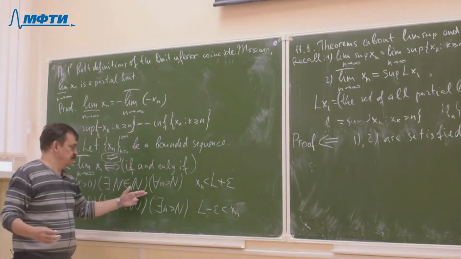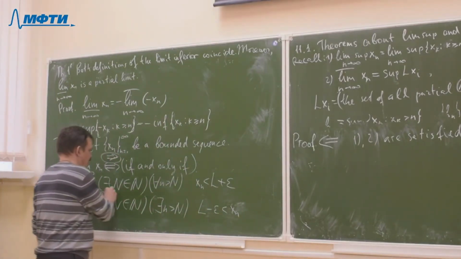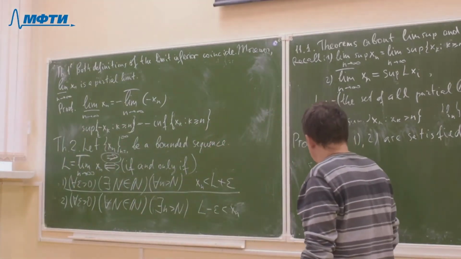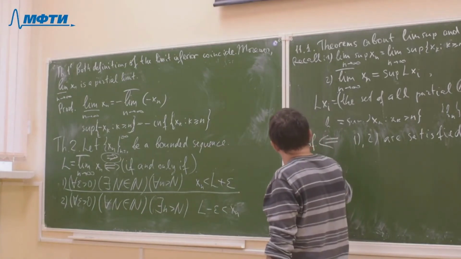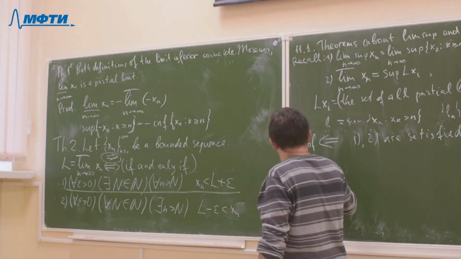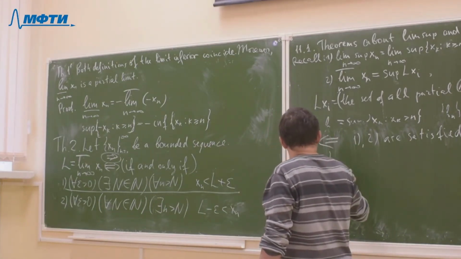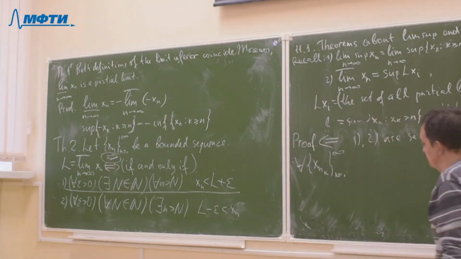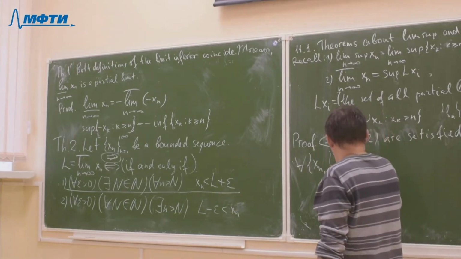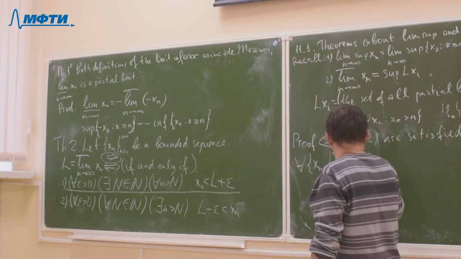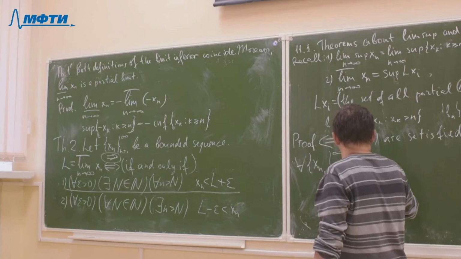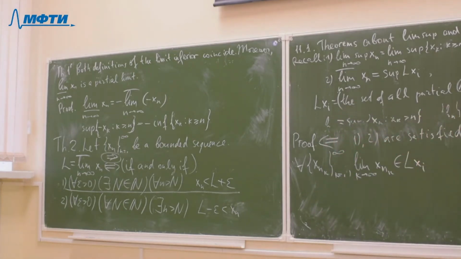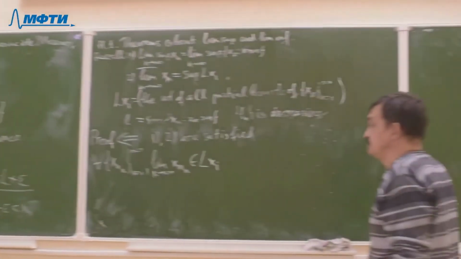Look, what follows from the first equality? It means that if we take an arbitrary subsequence which has a limit as k tends to infinity, x_{n_k}, so this is a partial limit.